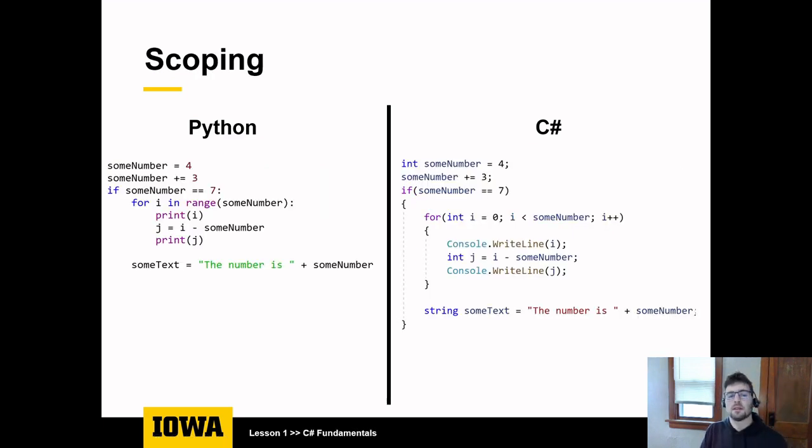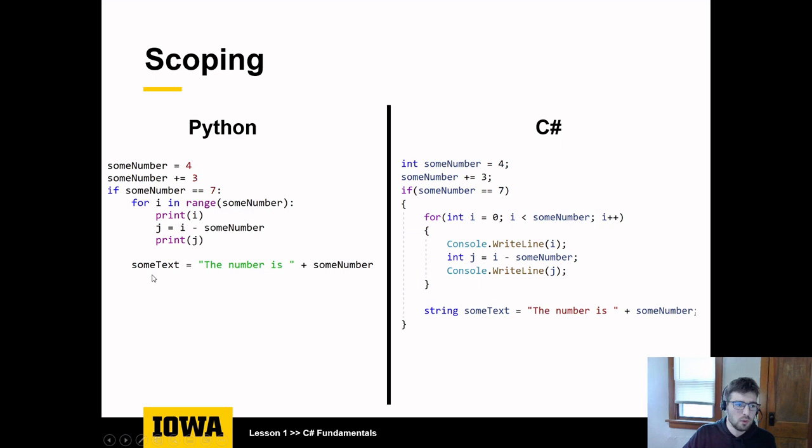Okay, so now the big thing here is scoping. So in Python, scoping is done using indentation. So here's your Python program. So some number is defined on the outermost level of indentation, and so it's accessible to all the further indented code, as you know.